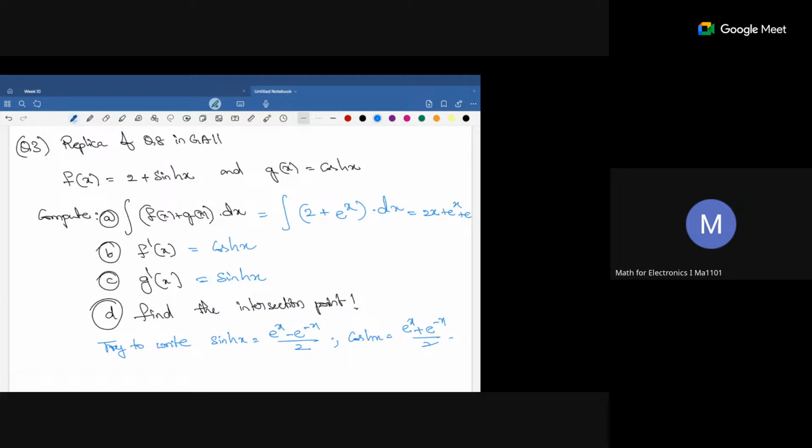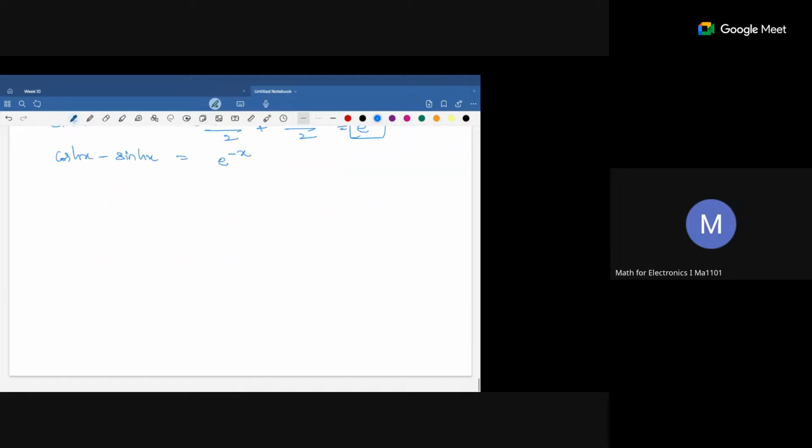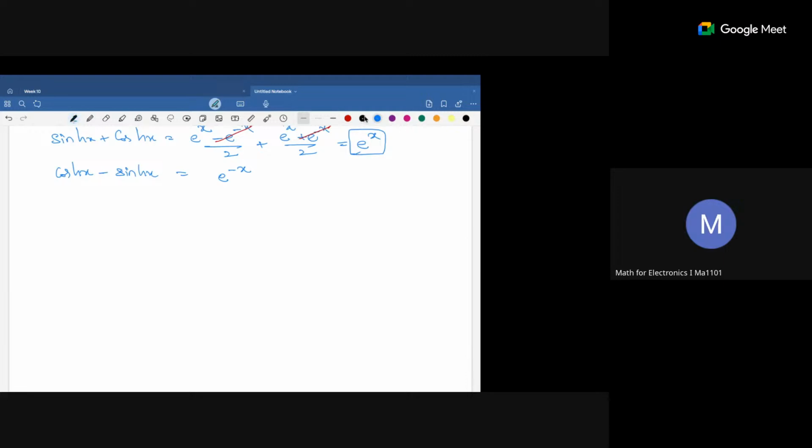Now for finding the intersection point, what's the condition? f of x is equal to g of x. Correct. So the intersection point is attained at f of x equals g of x. Now what is f of x? 2 plus sine h of x. And what is g of x? Cos h of x.